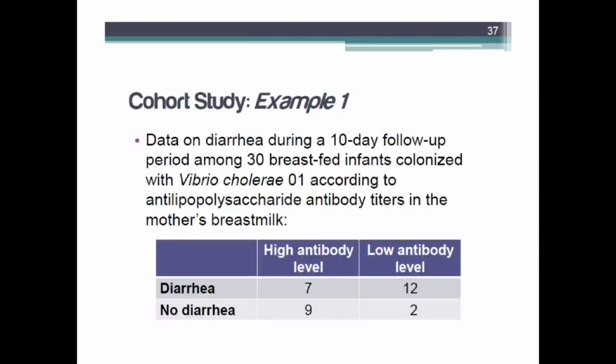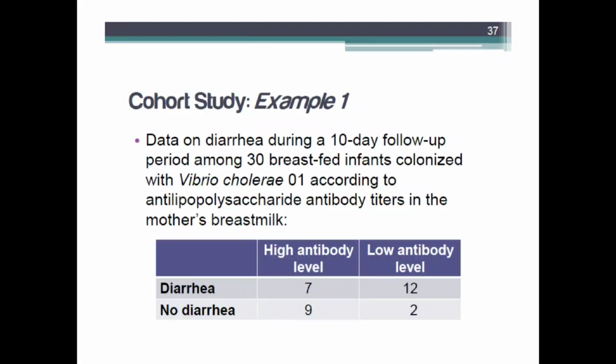So, let's try. Okay, this one. So, data on diarrhea during a 10-day follow-up period among 30 breastfed infants colonized with the Vibrio cholerae 01 subtype according to their anti-lipopolysaccharide antibody titers in the mother's breast milk.